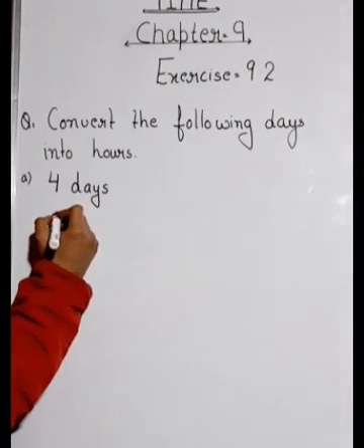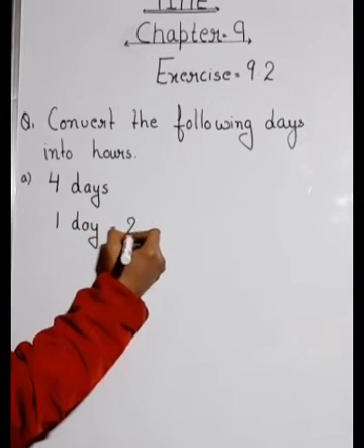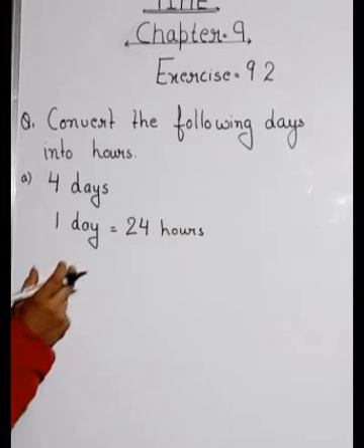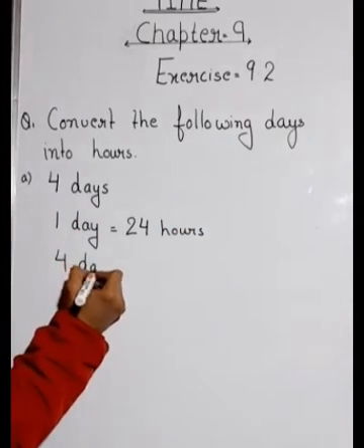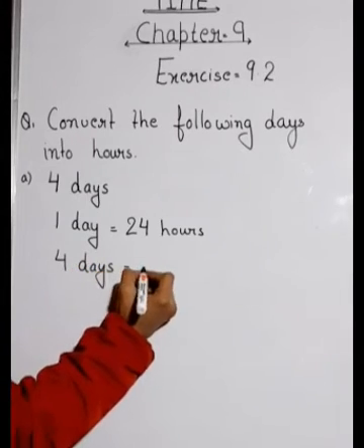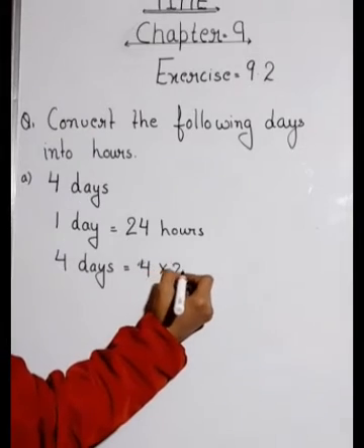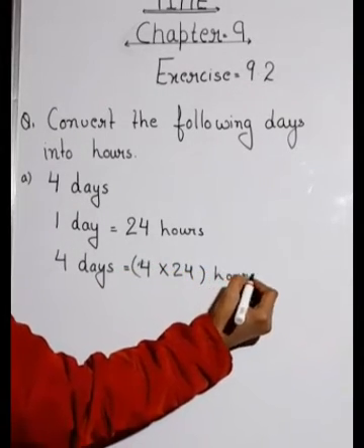Just don't do the direct one. First you will write 1 day is equal to 24 hours. This is clear. So 4 days is equal to 4 into 24 hours. Clear?